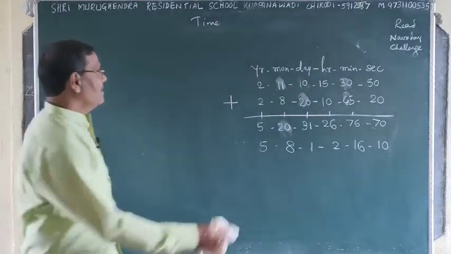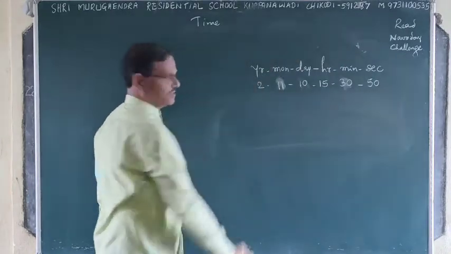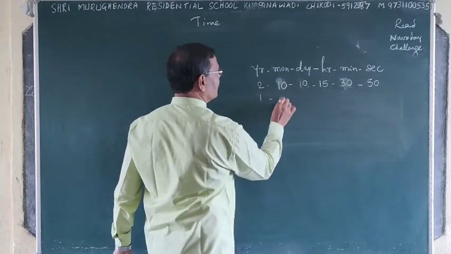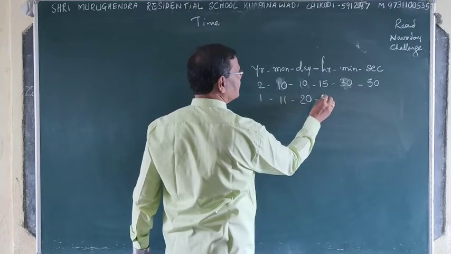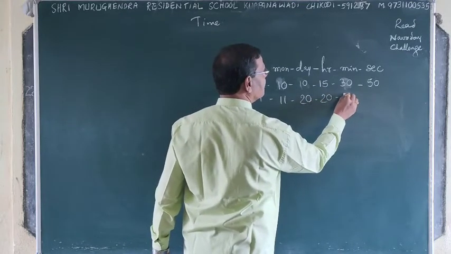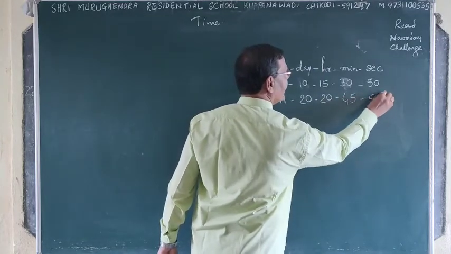Okay, here how we have to subtract. See, take for example, if this is 10, 11, and this is 20 days, this is 20 hours, this is 45, this is 55, like this.